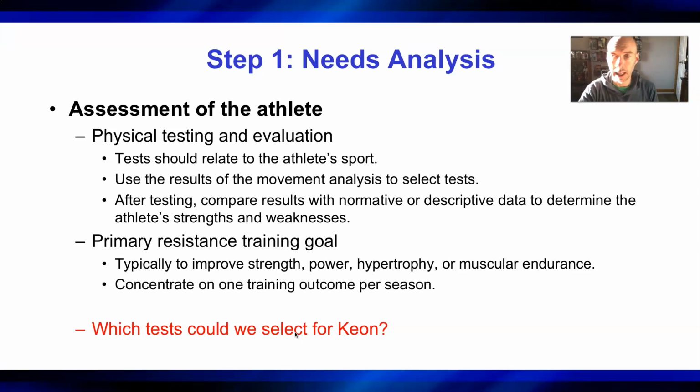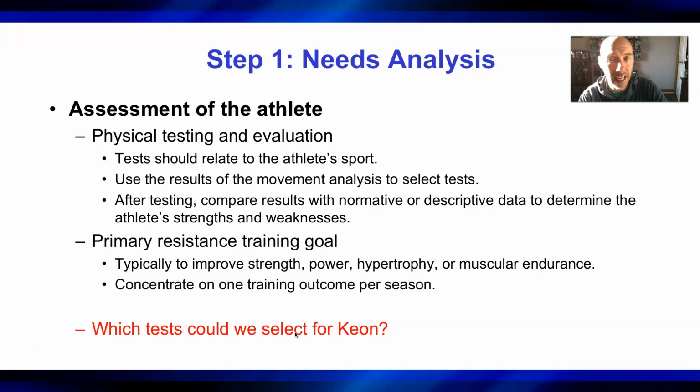So anaerobic capacity. For a basketball player, though, I may also assess aerobic capacity as well, because the more aerobically fit they are, the faster they'll recover from those quick, short bouts of exercise. So that could be important. We also said body composition is important for basketball, so we would assess that. Flexibility and mobility are very important for basketball because that's how we can screen for and evaluate the potential risk of injury.